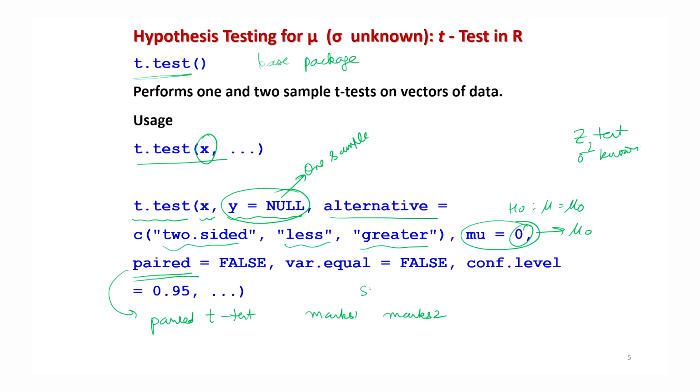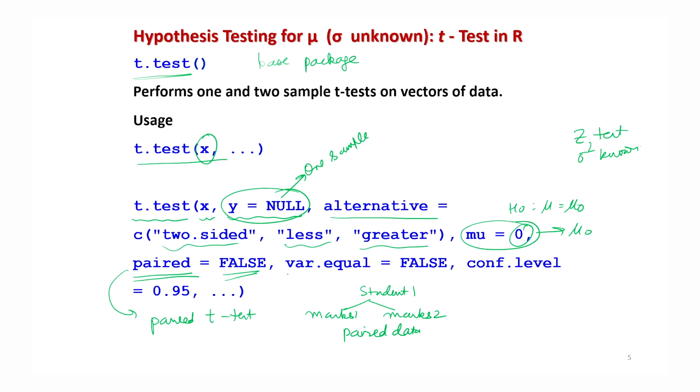So if there is only one student, say student number 1, whose two data points are collected, marks 1 and marks 2, this is called paired data. And in that case, if I want to conduct the test of hypothesis, it is called a paired t-test. So here, since we are considering only a single variable, paired is equal to false.